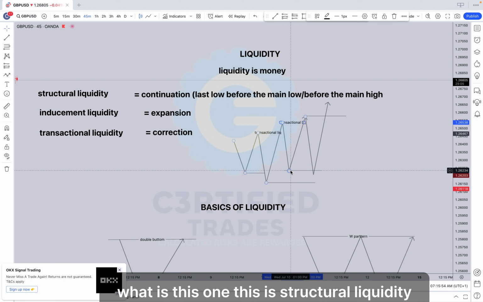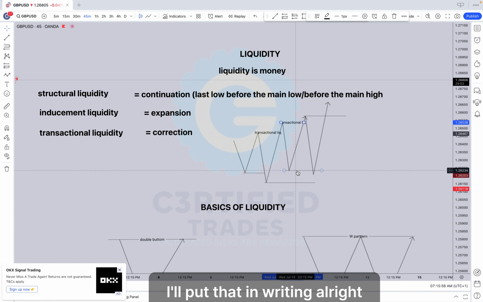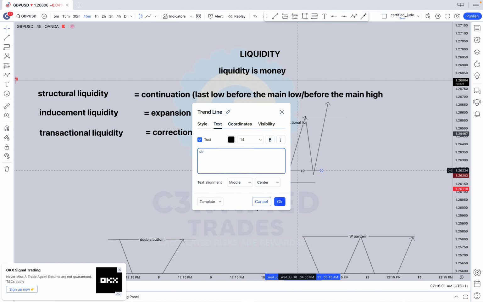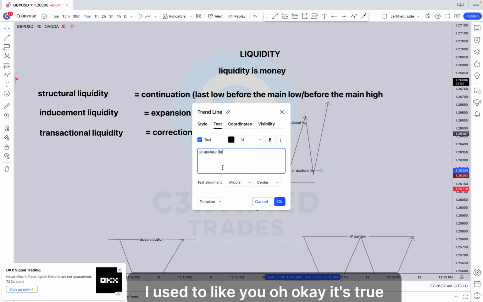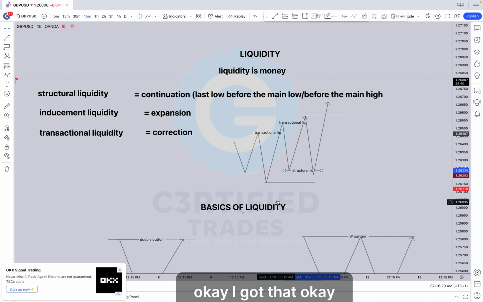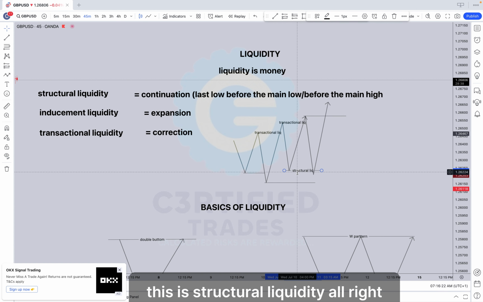This is structural liquidity. I'll put that in writing. All right, this is structural liquidity. I'll use LIQ. Okay, this is structural liquidity.